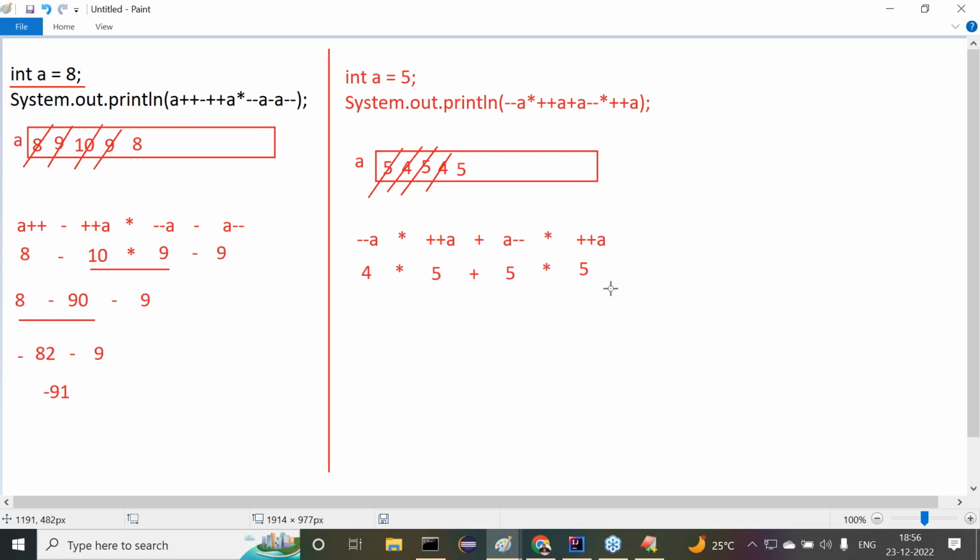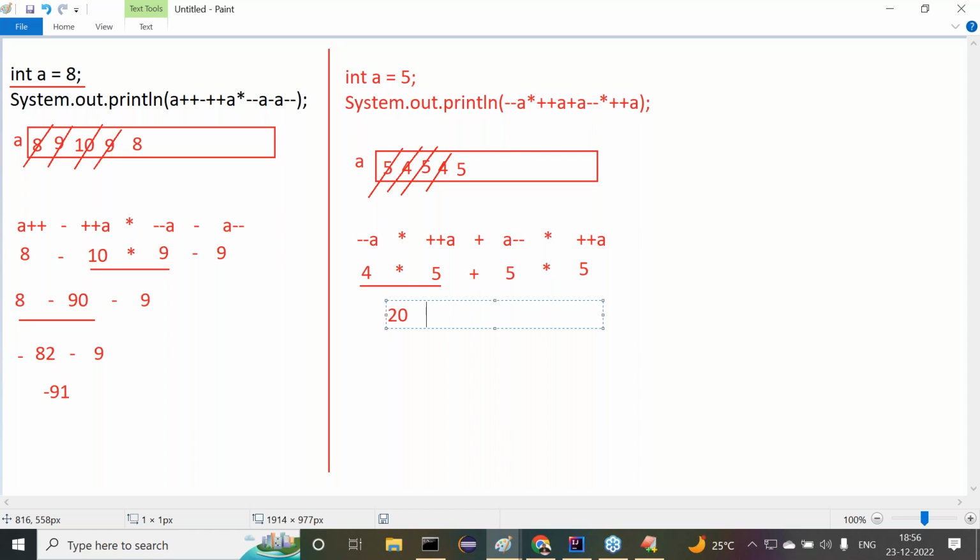Which star has to be evaluated first? Operators follow left associativity, so the leftmost star is evaluated first. That is 4 star 5, what is the value? 20, plus what next?